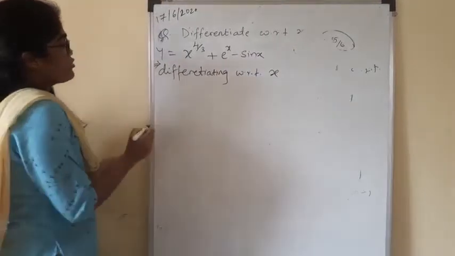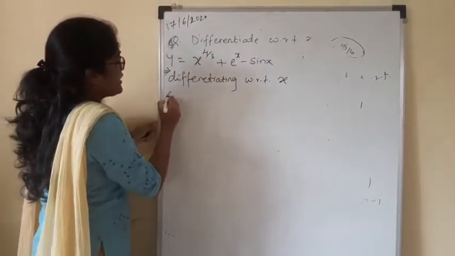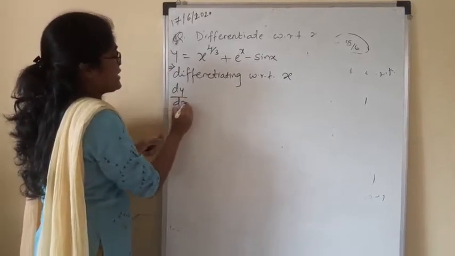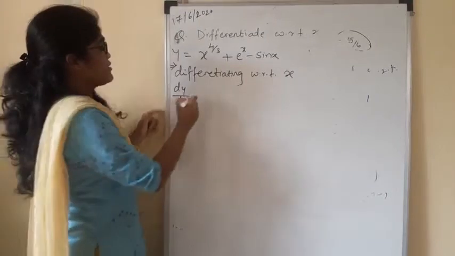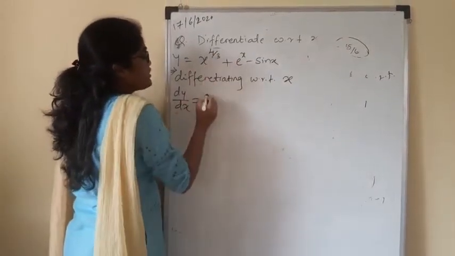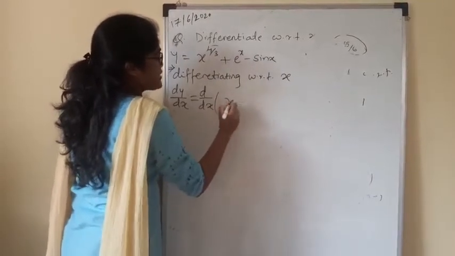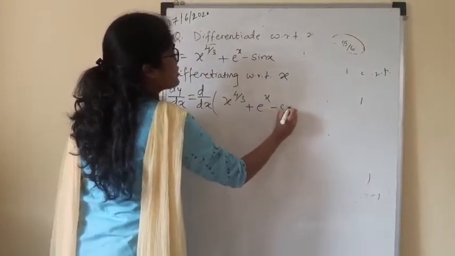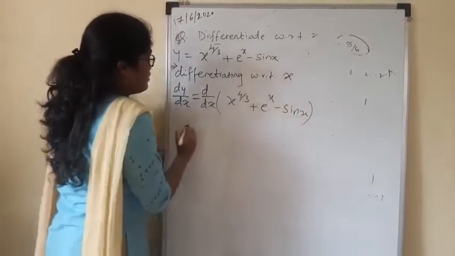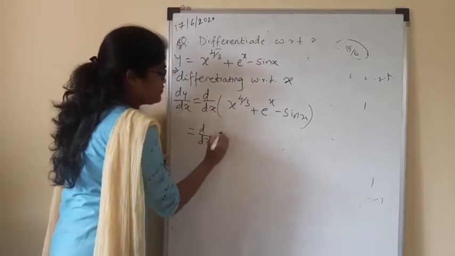While differentiating, dy by dx, the derivative of y with respect to x, is the derivative of this whole function, x raised to 4 upon 3 plus e raised to x minus sin x. Now we will separate this d by dx.